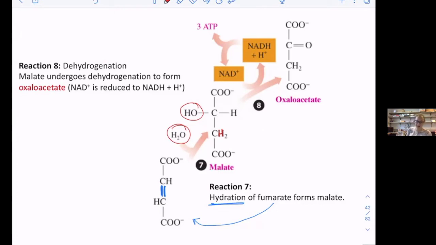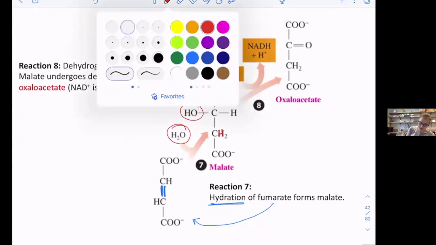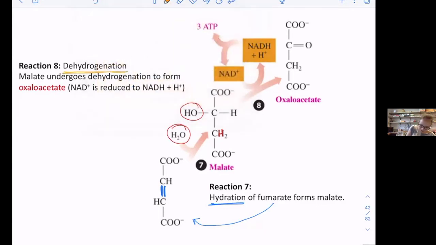And then step number 8, our last step here, is a dehydrogenation reaction. Malate undergoes dehydrogenation to form oxaloacetate again. And remember, oxaloacetate is what then undergoes step 1 in the citric acid cycle. So now we're going to reform oxaloacetate. This hydrogen and this hydrogen are going to be removed in the dehydrogenation reaction.